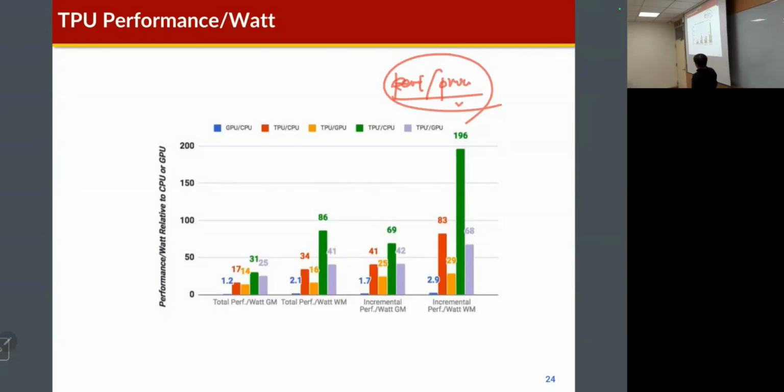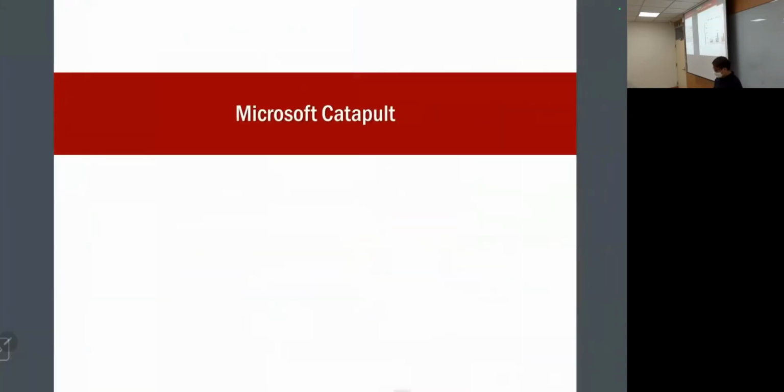When Google presented this TPU paper, they compared the performance of the TPU with NVIDIA GPUs, and the NVIDIA engineers argued that Google just used an old generation of the GPU. They argued during the ISCA conference. It was very interesting.